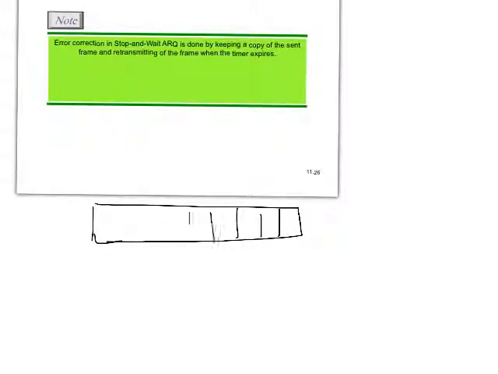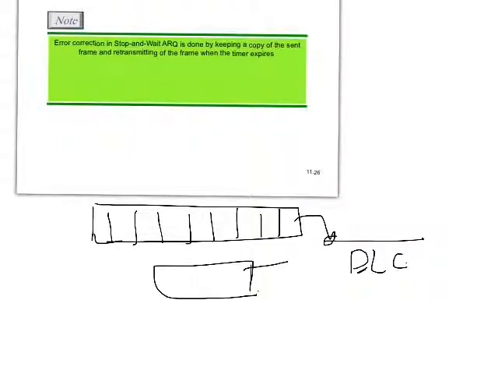So what will happen is that in the network layer, I have these packets stored one after the other. So in the data link control, I will take this frame and then I will copy it in a side buffer.